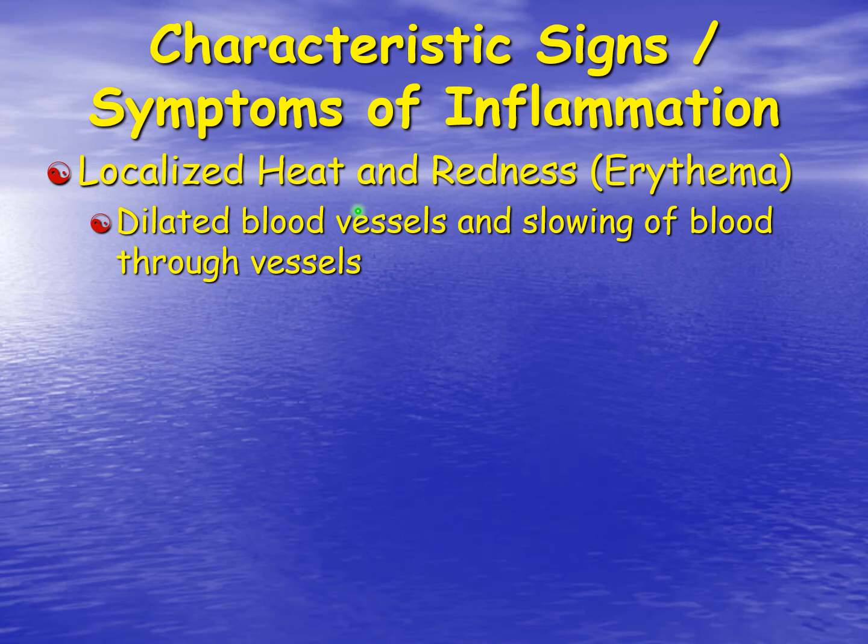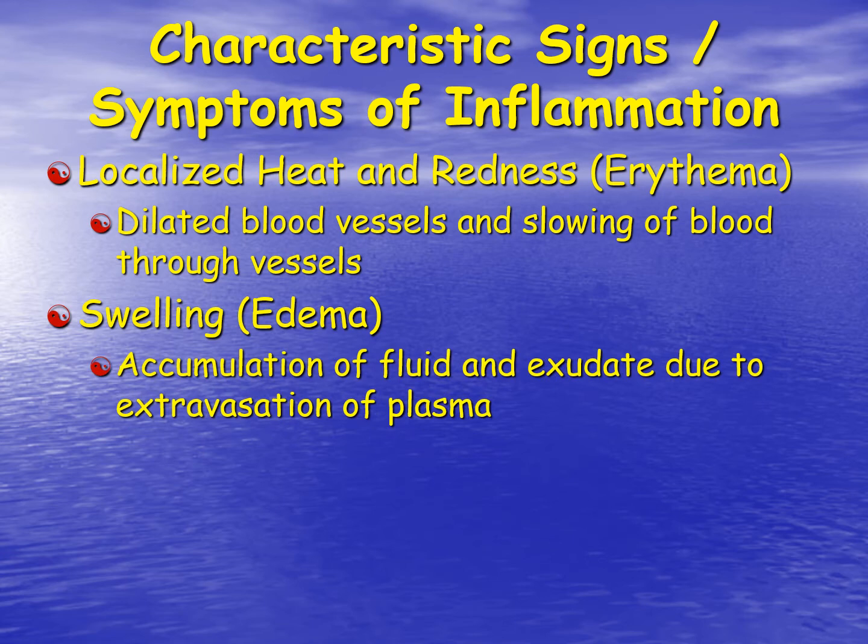So dilated blood vessels and the slowing of blood through these dilated blood vessels will cause both the localized heat and erythema. We'll see edema of the local area, and this is due to the vascular permeability. As the blood vessels dilate, they become leaky, and we will see more fluid exiting the blood vessels into the tissue space. This results in edema and eventually will become part of the exudate.